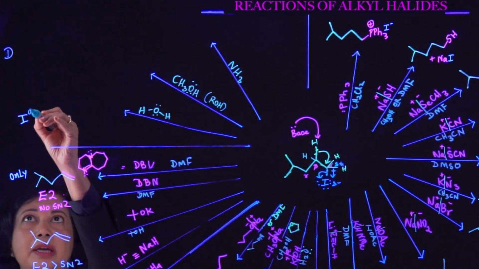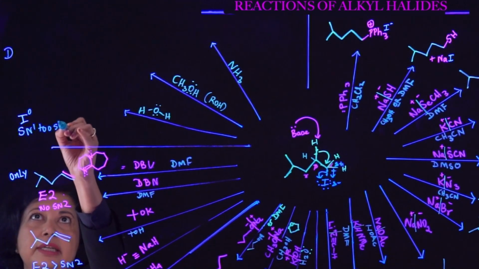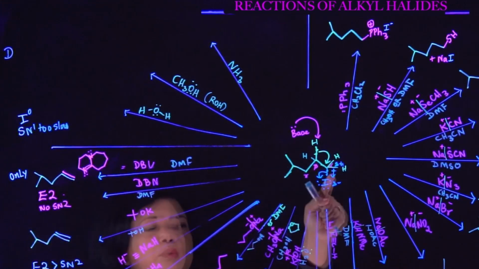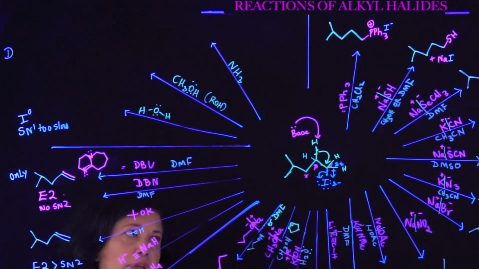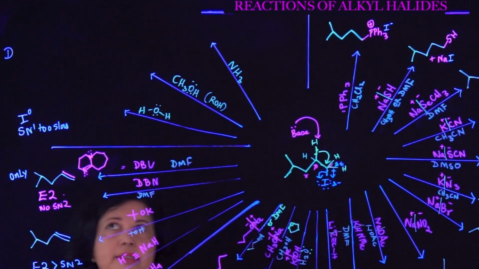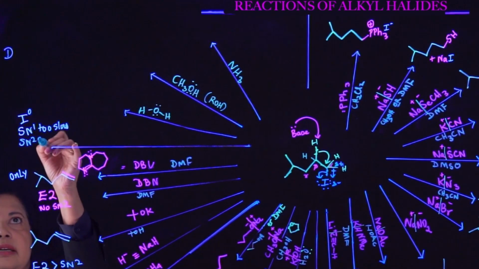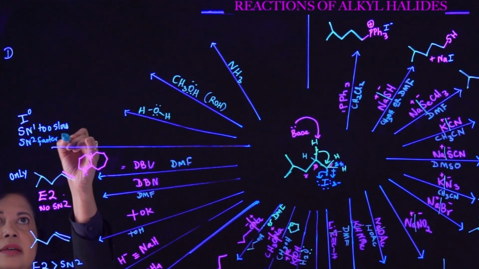So, primary SN1 too slow. You would never take this and say, oh, let's do a nice SN1 to make this into an alcohol. Never, because you can just treat that with sodium hydroxide and get that done like this. SN2 is actually faster than SN1.